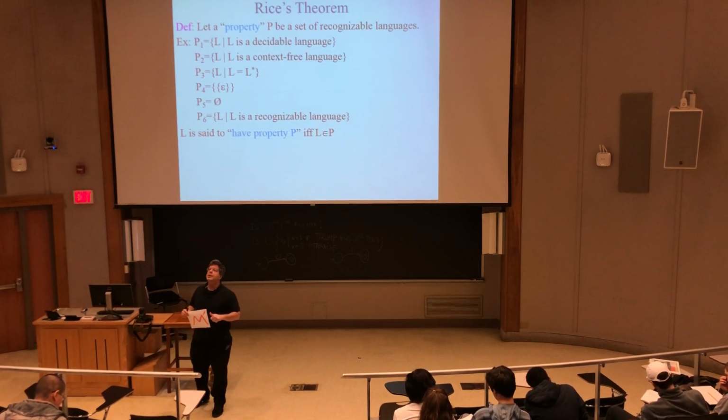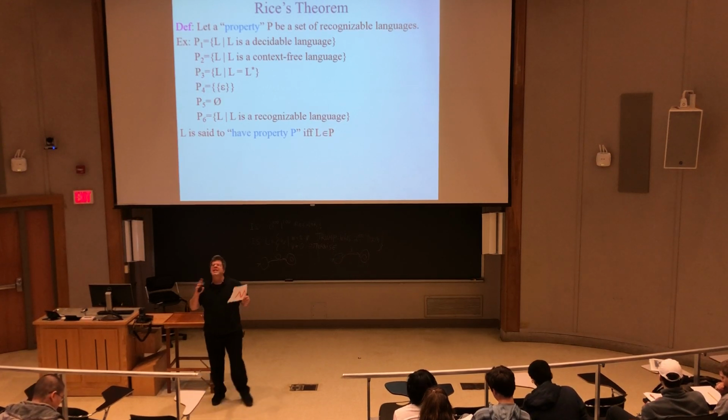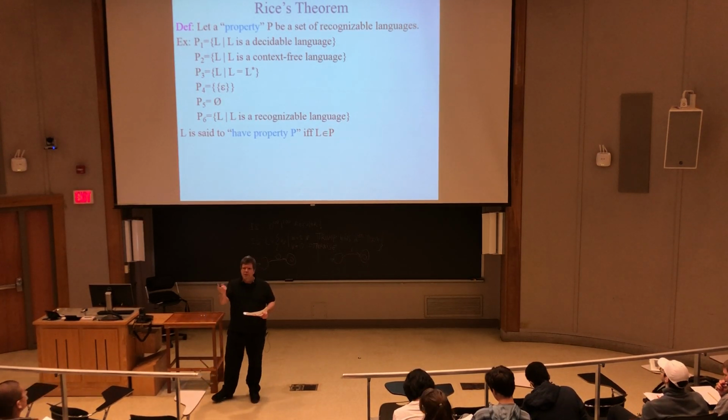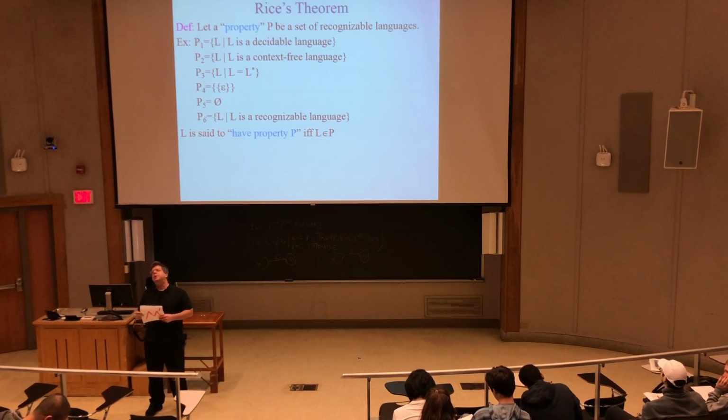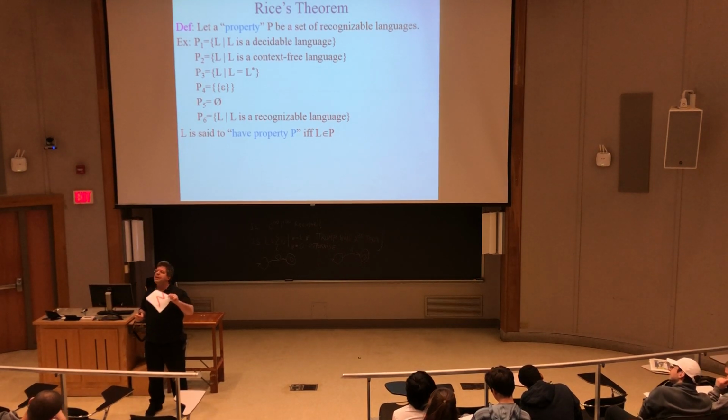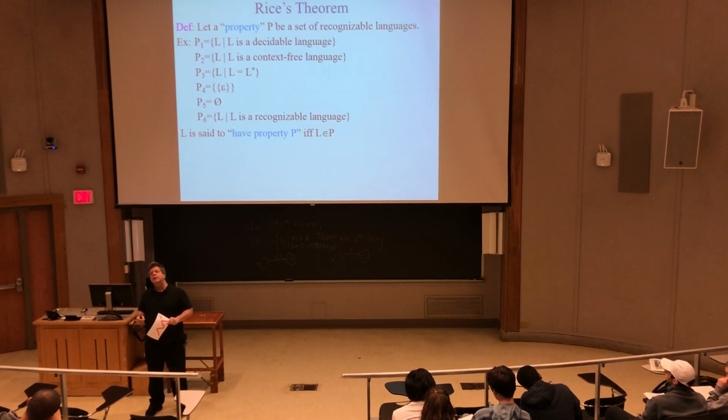No more, no less. By the way, another type error or conceptual error that a lot of people are making in the homework solutions is this: the language of a machine is all the strings that it accepts and none of the strings that it rejects or doesn't accept. A lot of people are forgetting that last part.